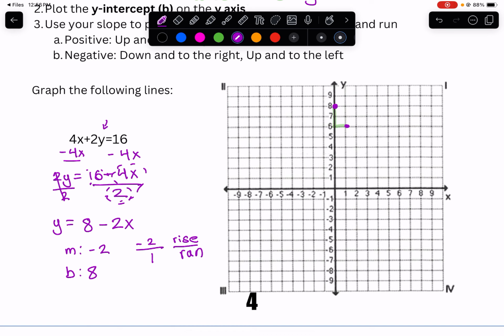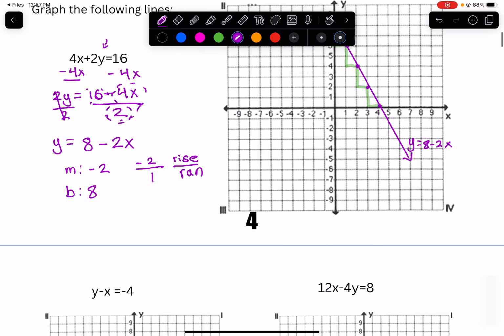If I wanted to keep going, again, you would go down 2, over 1, down 2, over 1, and so on. You only really need 2 points to plot a line, but having more points generally makes it a bit neater of a line. So this is your line. And to get into good habits, we're going to label it: y is equal to 8 minus 2x.